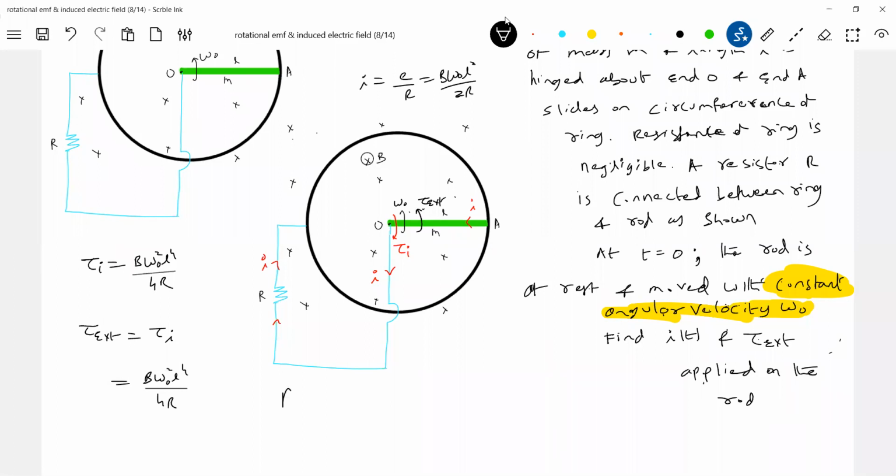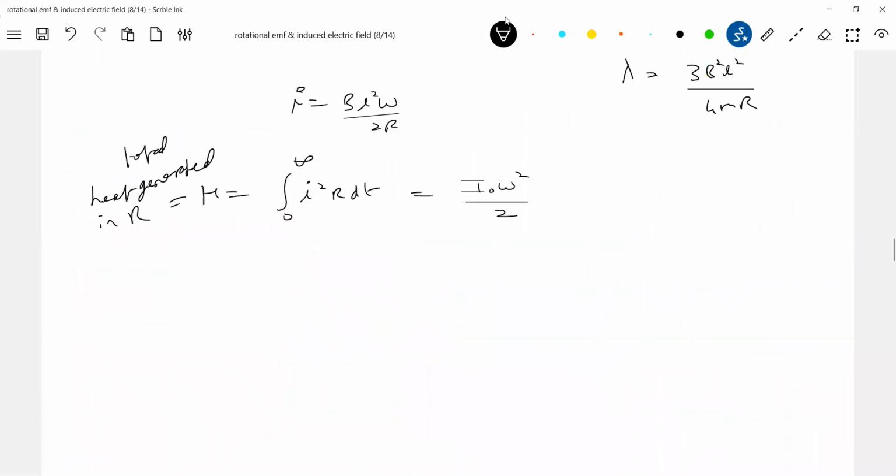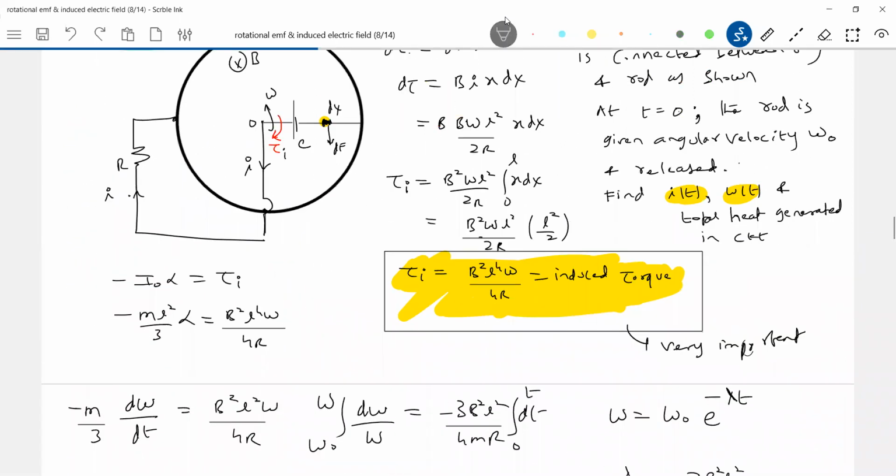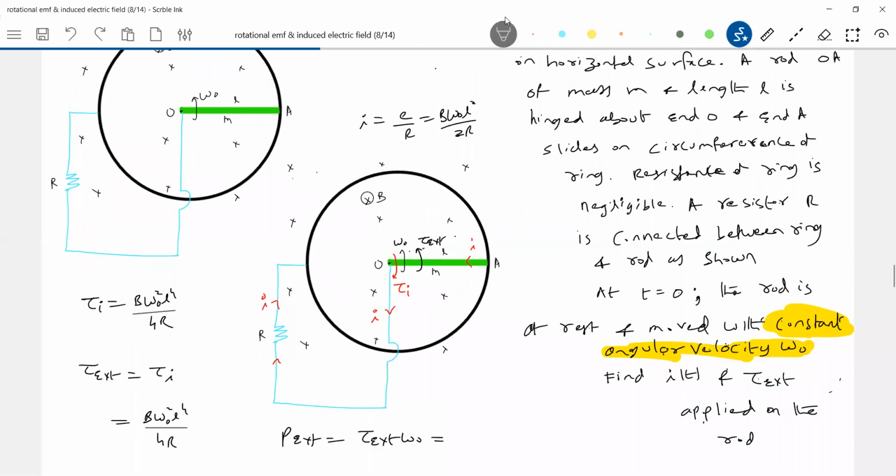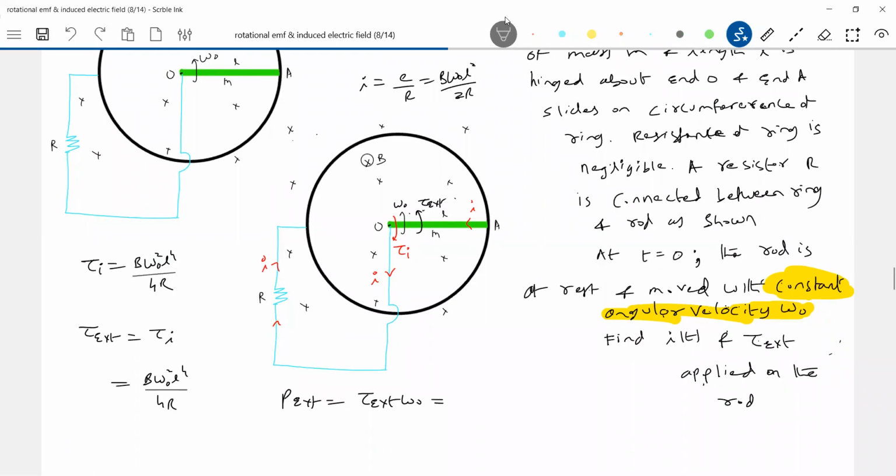What is the power generated by the external agent? Omega naught, not omega square. Only omega, B square.